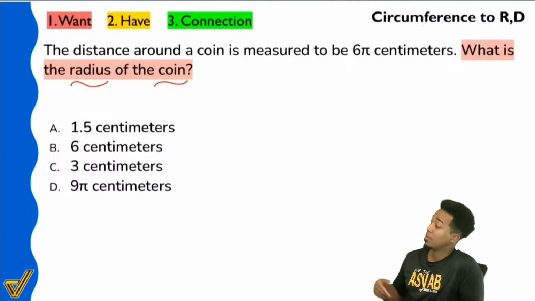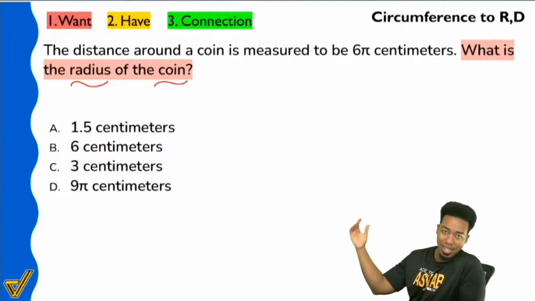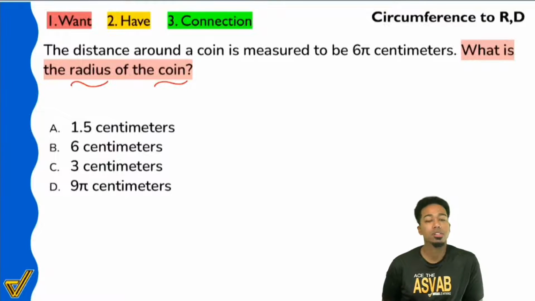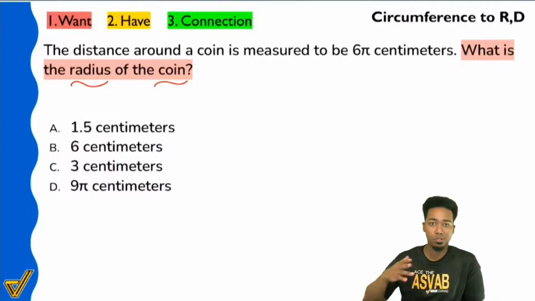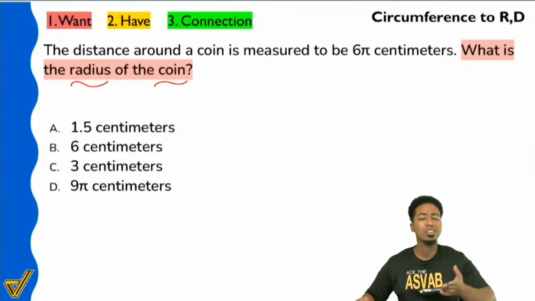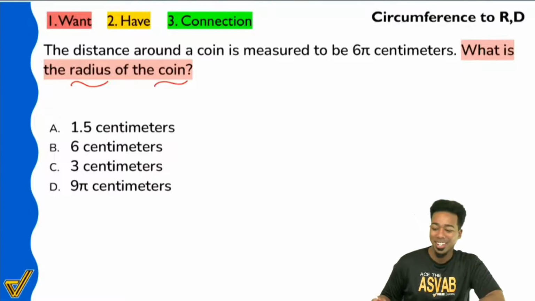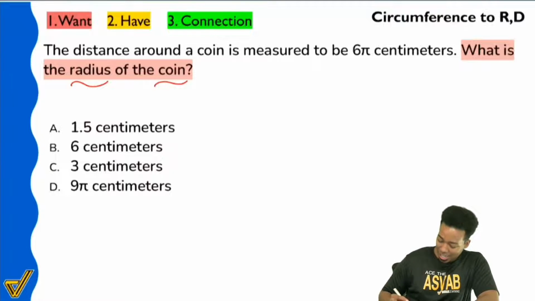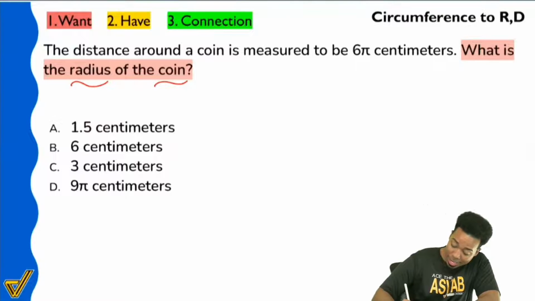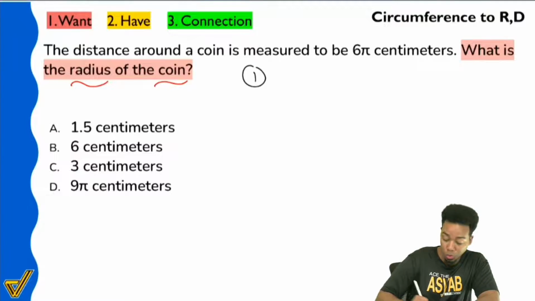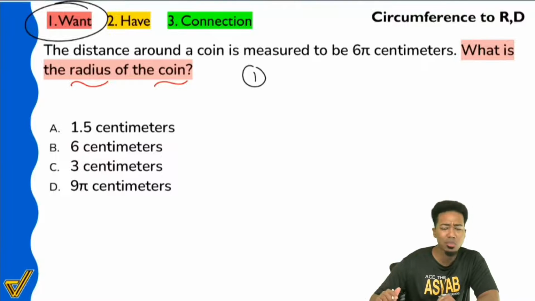Unless they specifically mention like a cylinder or something like that, well, then that's a different story, because a cylinder is just the 3D version of a circle in a way. But we don't have to think about that yet, because we will go over that in a couple classes. But yeah, so radius of the coin, to keep things simple, when you write down what you want, just say the radius of a circle.